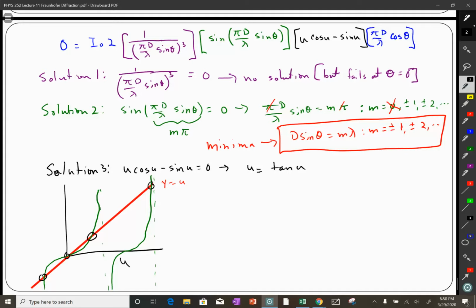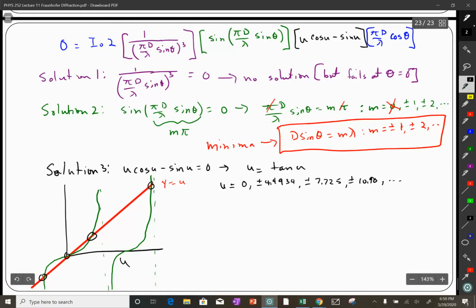But for today's purposes, I went to Wolfram Alpha. Obviously, you would not go any further than this. You wouldn't have to do the solution on the test. But this gives us solutions that u equals 0, plus or minus 4.4934, plus or minus 7.725, plus or minus 10.90, and it goes on and on. So you have a bunch of different solutions there.